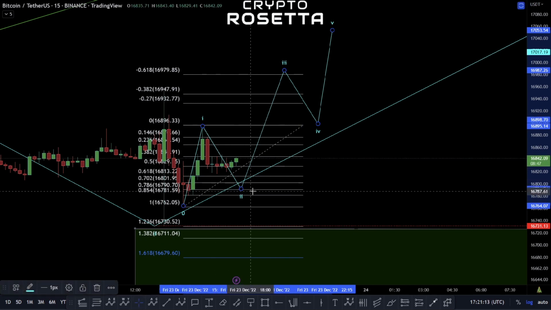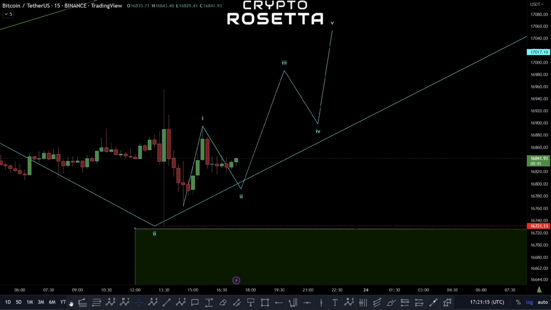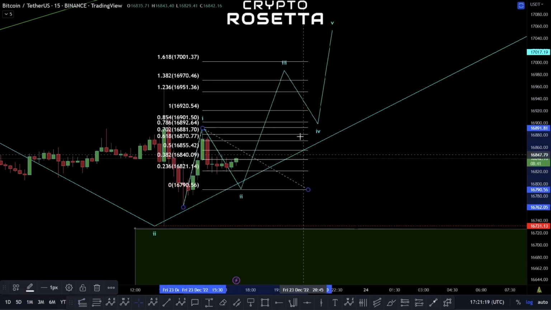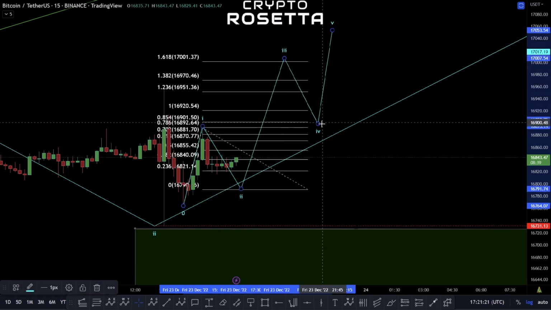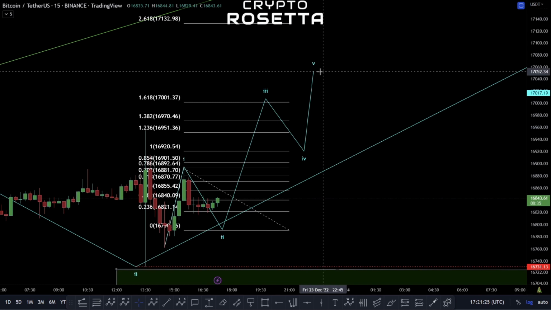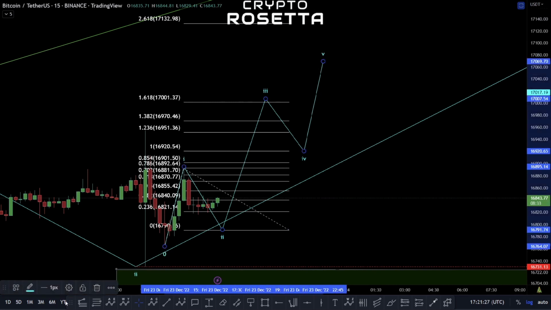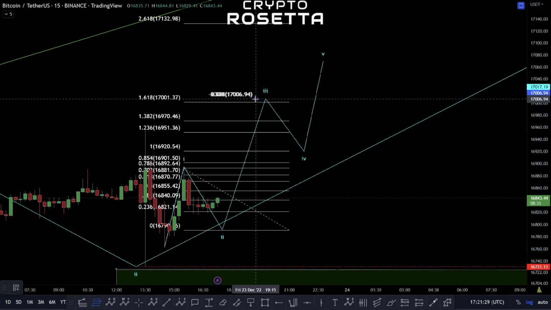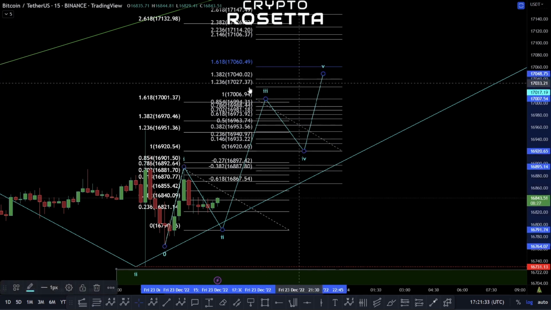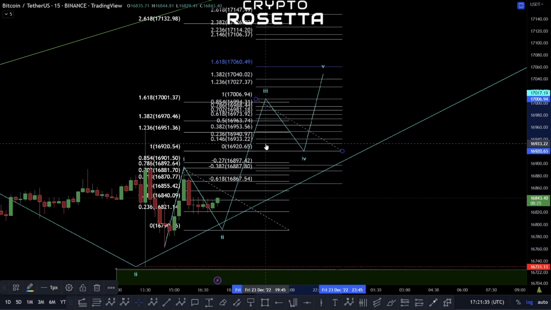If that move does take place, what we'd then be looking for is the potential of moving up past this 17,000 zone, which would indicate that we have a wave 3 situation here, and then we'd be looking for a fourth and a fifth wave to the upside, which could potentially look to take us up to this zone here of this 17,060 to this 17,027.